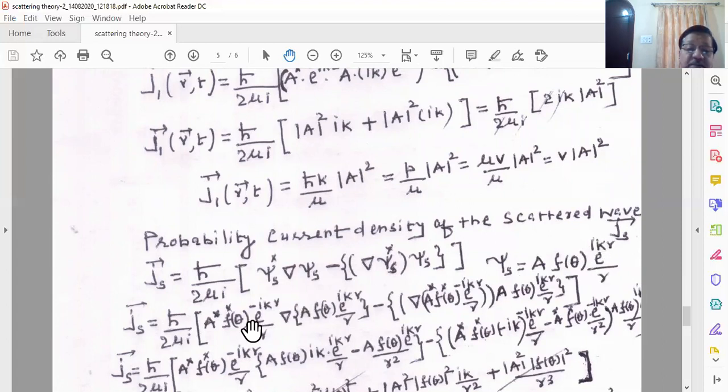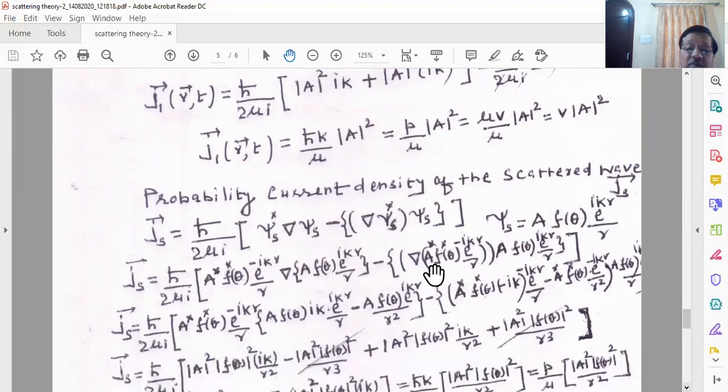I'm keeping this here. Then the space derivative, that is the del operator. So del operator, I put the psi s. So psi s is A f(theta) e to the power of i k r over r, right? Please concentrate here. Now you have a minus sign, so I have a minus sign, an opening curly bracket, and an opening parenthesis, a gradient of psi star.